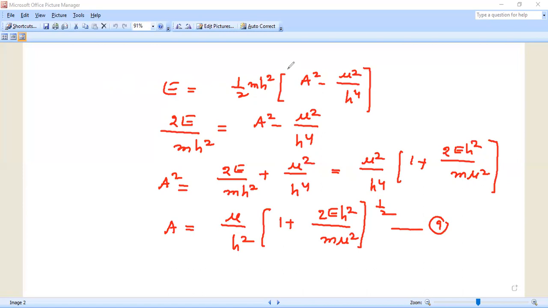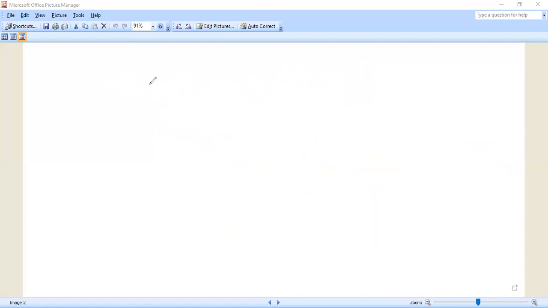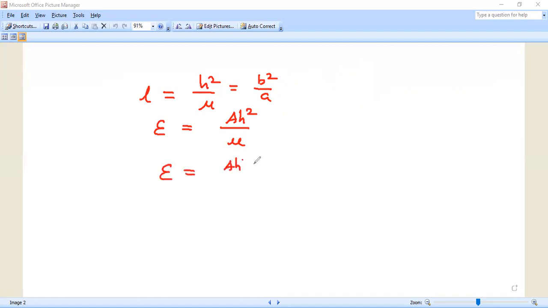But what we have: semi-latus rectum L is equal to h square by mu, that equals b square by a. And eccentricity e is equal to a h square by mu. Okay. From equation 9, we can write a h square by mu is equal to 1 plus 2E h square by m mu square, whole power of half.